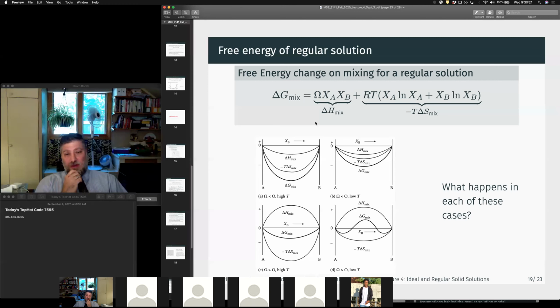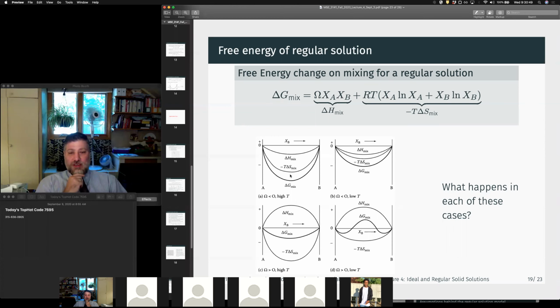And if our enthalpy term is negative, we have a negative energy benefit for mixing. We're always going to have complete miscibility, right? Because no matter what we do, we can lower our free energy.